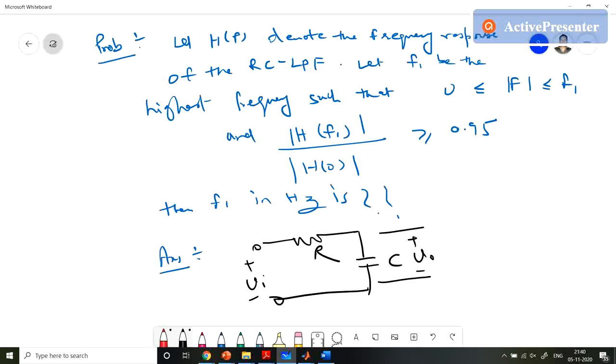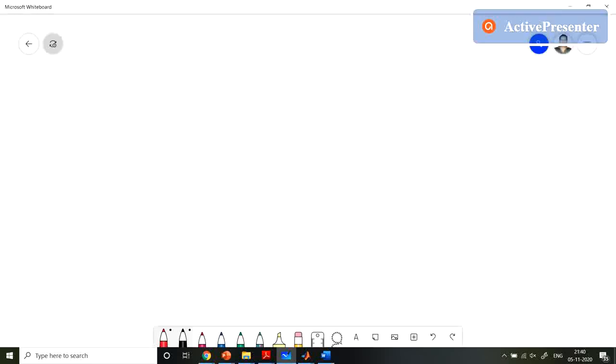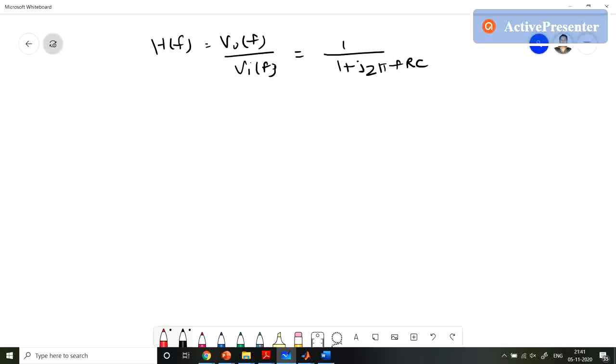We can find the transfer function of this filter, that is H(f), that is V0(f) divided by Vi(f), and it is simply 1 divided by 1 plus j 2 pi f RC. It's very simple to calculate.